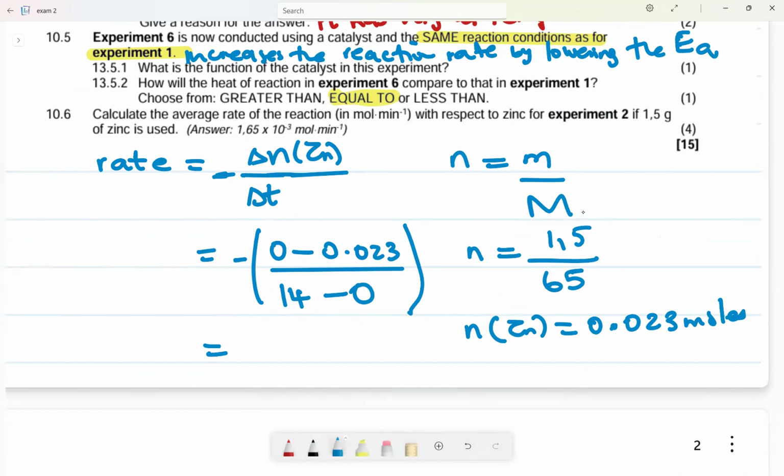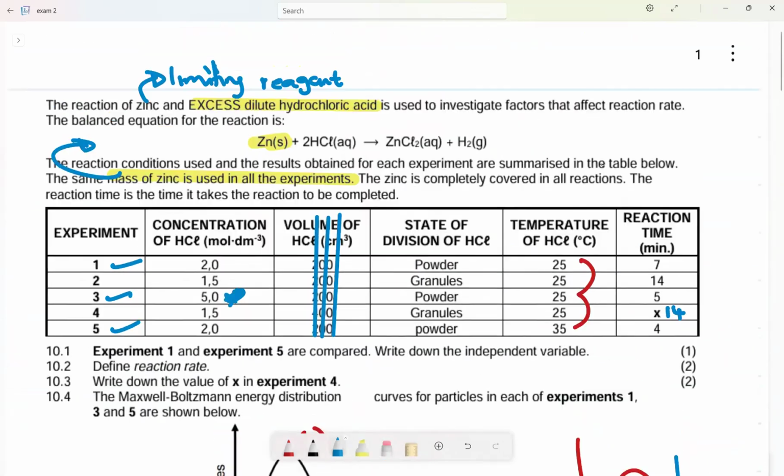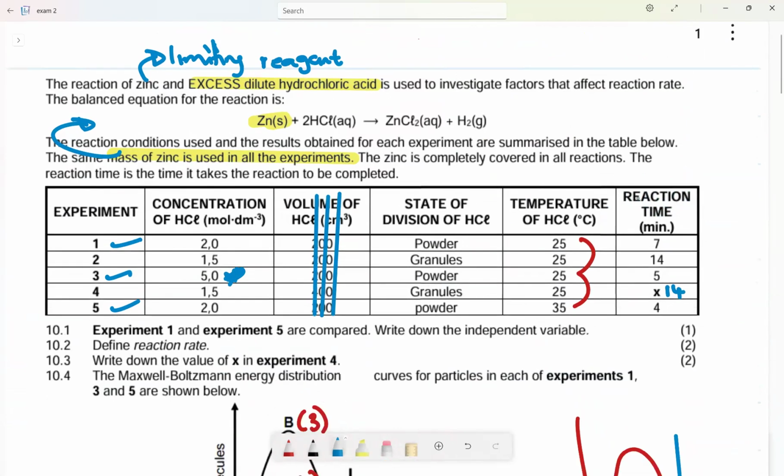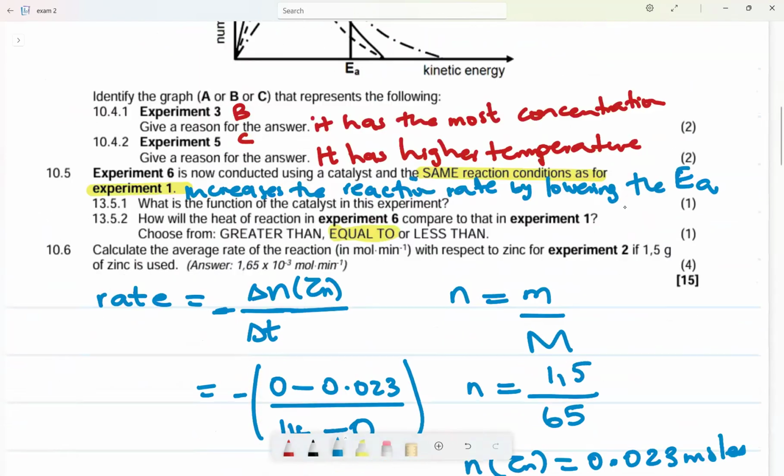Therefore, let me use my calculator and see how much I get. I'm going to say negative into 0 minus 0.023 divided by 14. Remember the time that I'm using here is in minutes. So I do not need to convert these minutes to seconds. Why? Because now they want it in mole per minute.